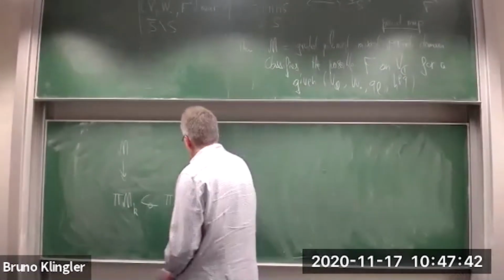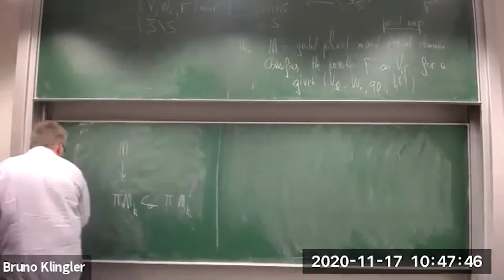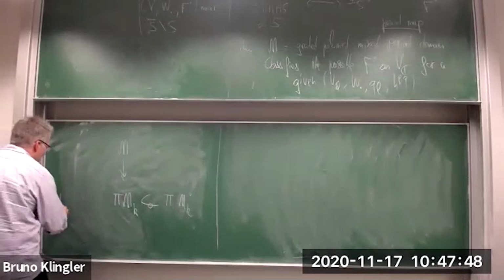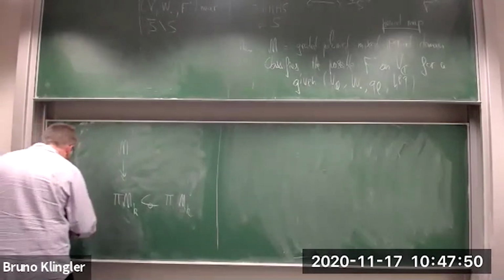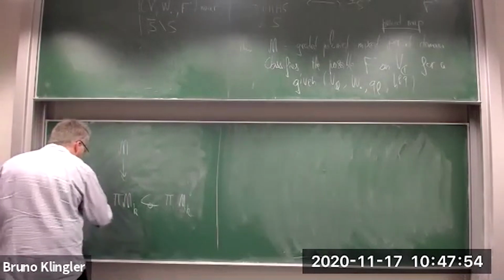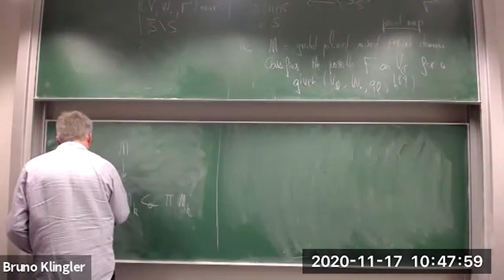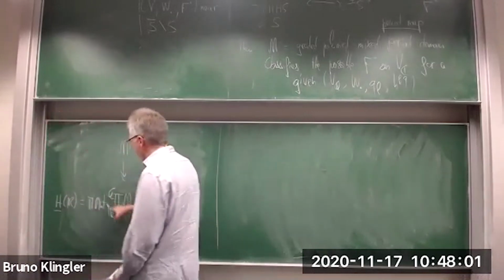Here you have the action of groups that we denote by H underline, whose set of real points is just the product of the automorphism groups of each of the polarization forms. So it acts on that product here.